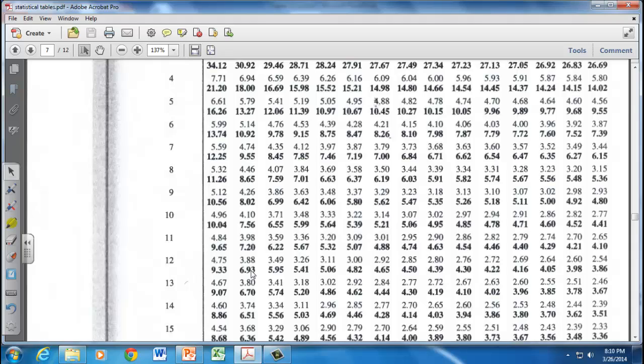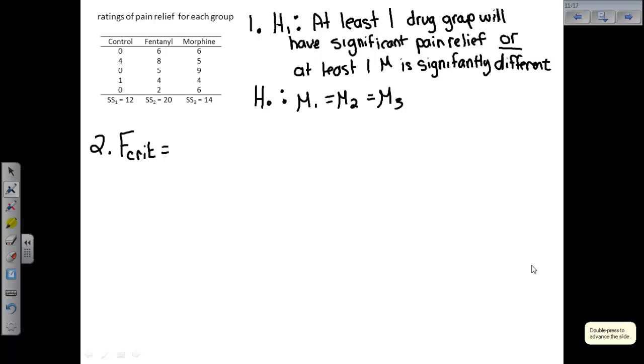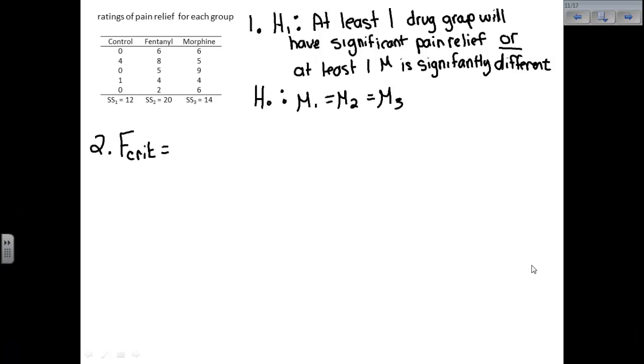So our alpha level for 0.05, the light face, is 3.88. And the alpha level for 0.01 is 6.93. So if the alpha level is 0.05, then the critical value was 3.88.